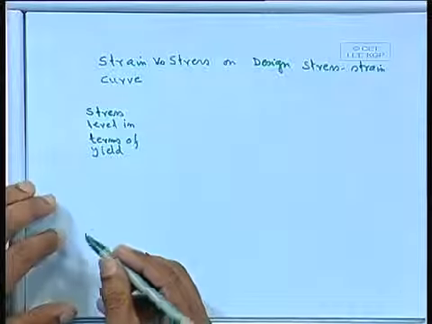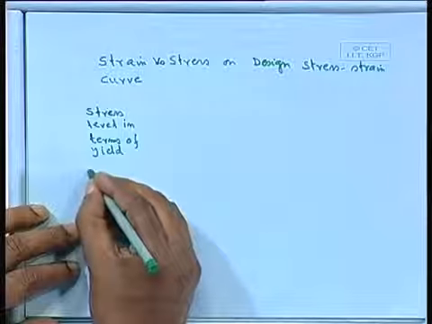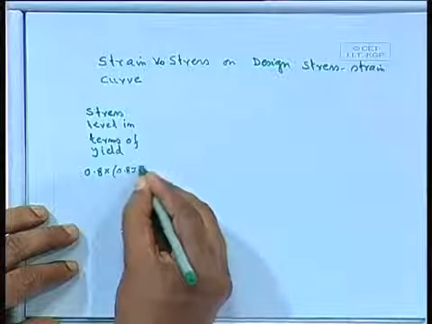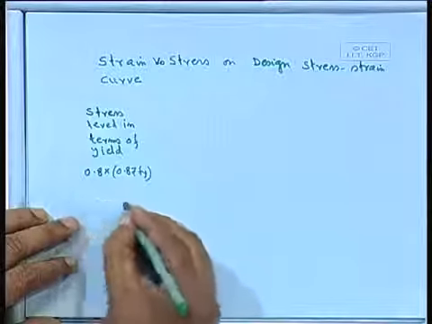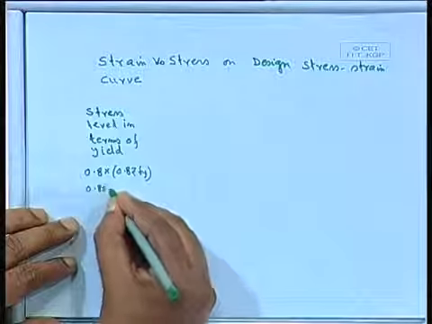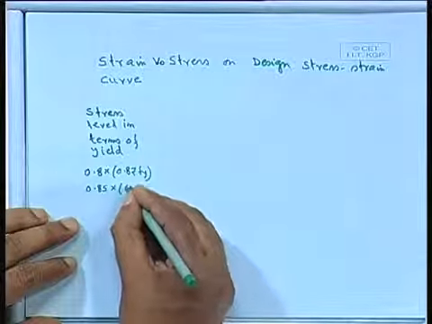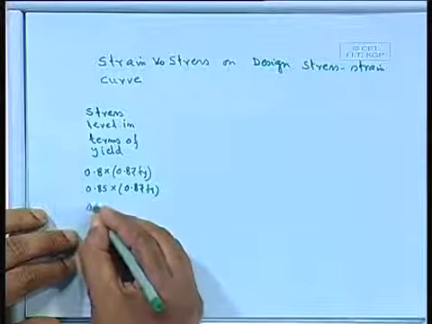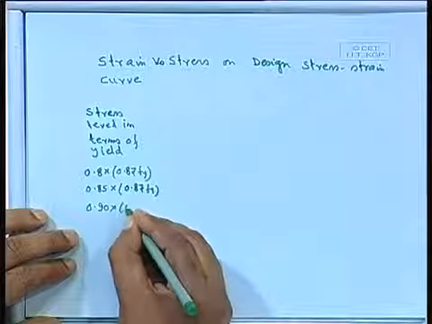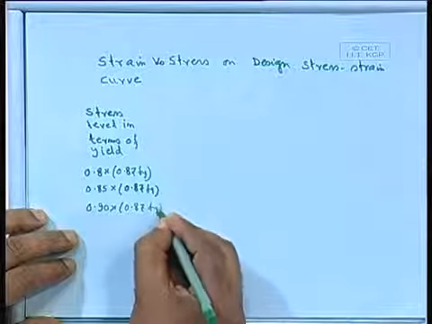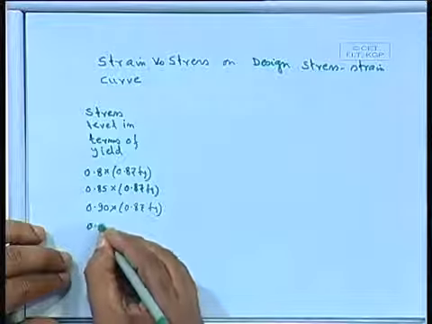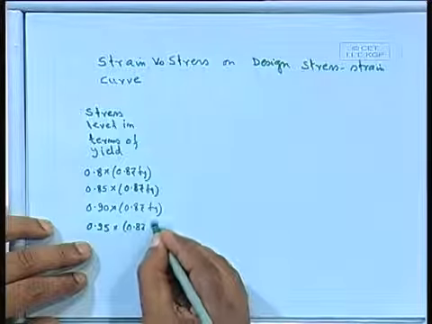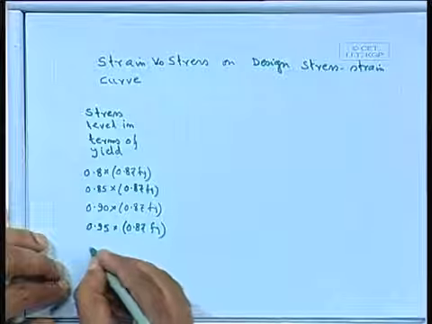So stress level in terms of yield, we shall start with 0.8 into 0.87 fy, 0.85 into 0.87 fy, 0.9, 0.95, 0.975.